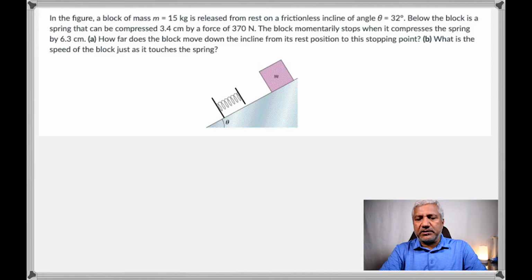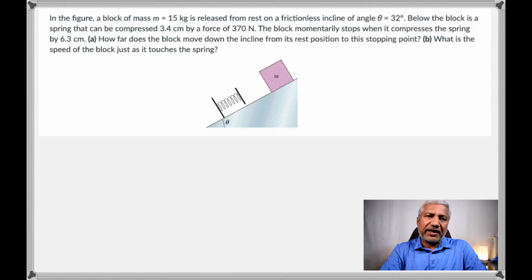The block momentarily stops when it compresses the spring by 6.3 centimeter. A, how far does the block move down the incline from its rest position to the stopping point? And B, what is the speed of the block just as it touches the spring?